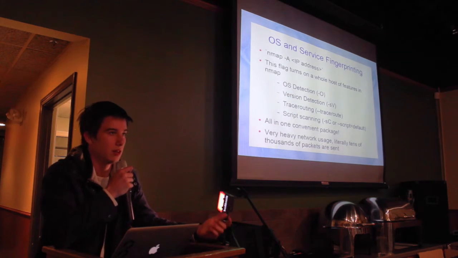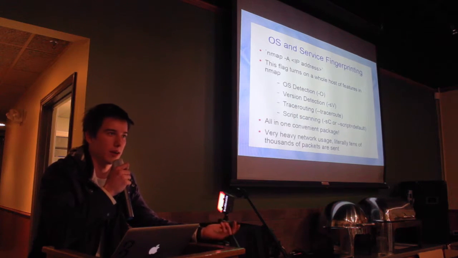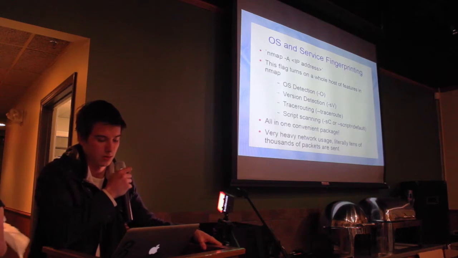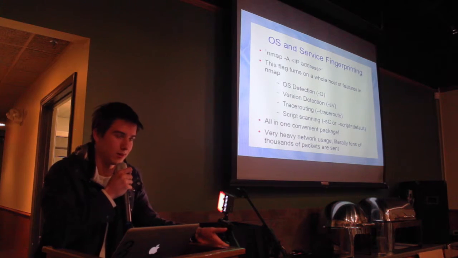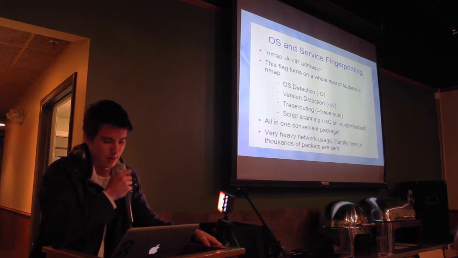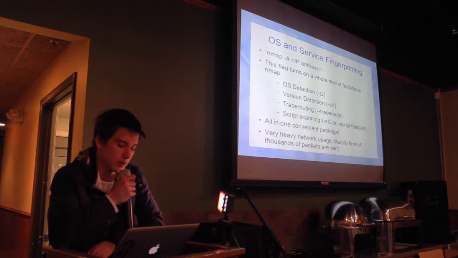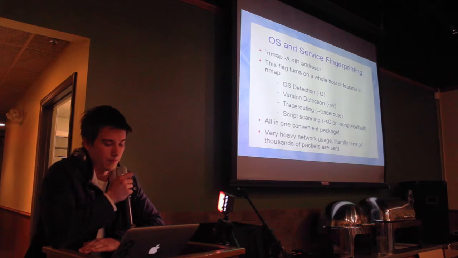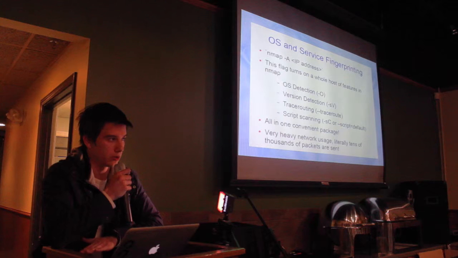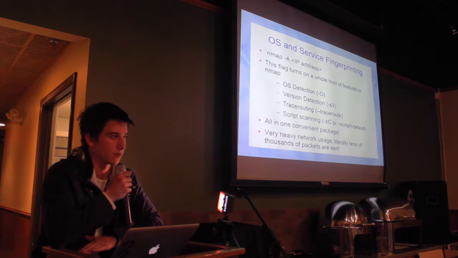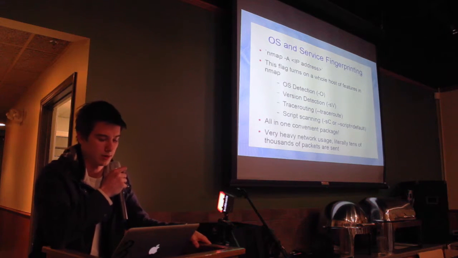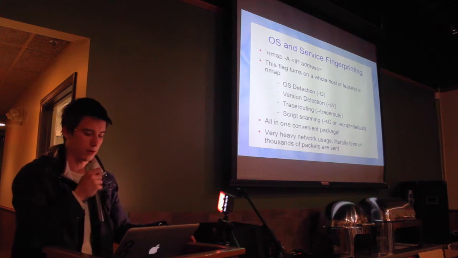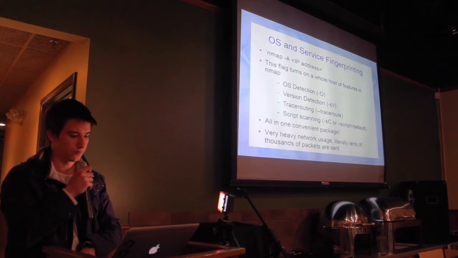It also does traceroute, which can be useful if you're inside a network and you need to know what path it takes to a server. And it does script scanning, which is a very neat little flag that I will get into in a second. The only problem is if you're trying to be really stealthy, it has very heavy network usage. Do not use this flag. Be a little more specific with what you want to find, because literally tens of thousands of packets are sent at any time. You can try tcpdump and analyze the packets sent from your Nmap machine and find that out on your own.